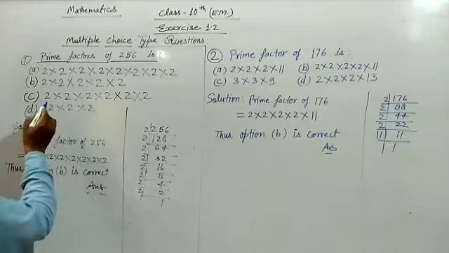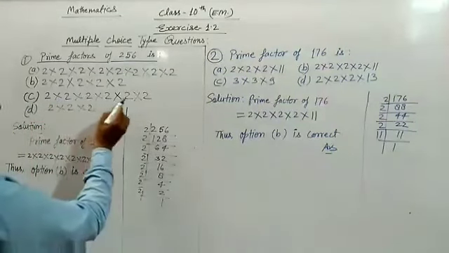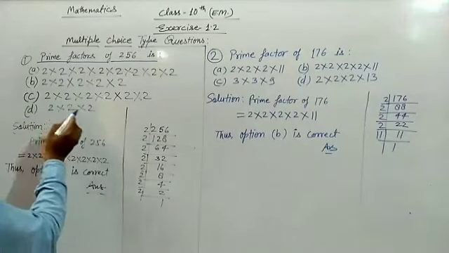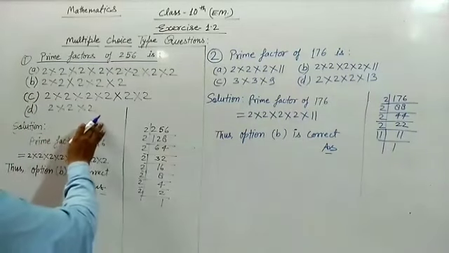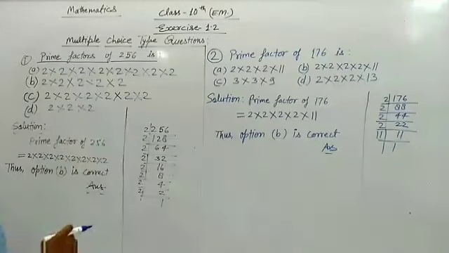Option C is 2 multiplied 6 times, and D is 2 into 2 into 2. It means 4 options are given here. We have to select which option is correct.